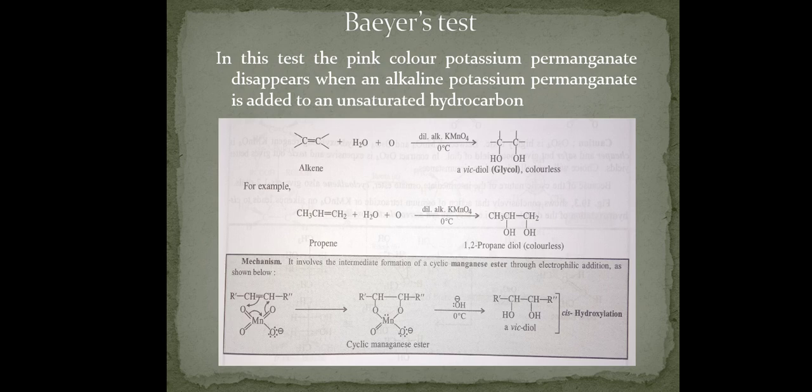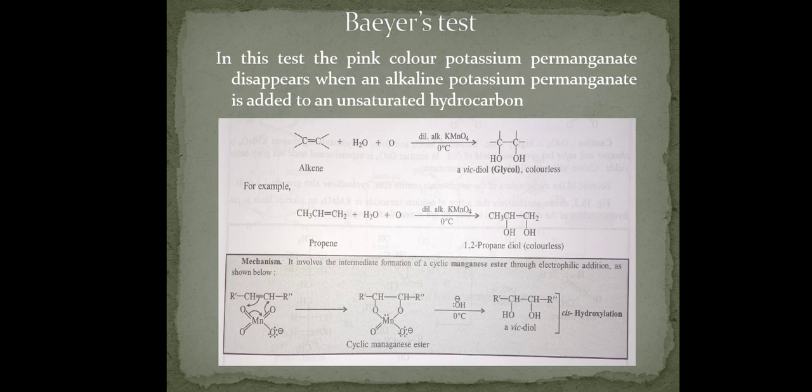An example with propene is shown, which gives us 1,2 propane diol, which turns it colorless. So if it becomes colorless, that means the compound contains a double bond, or the compound is unsaturated.